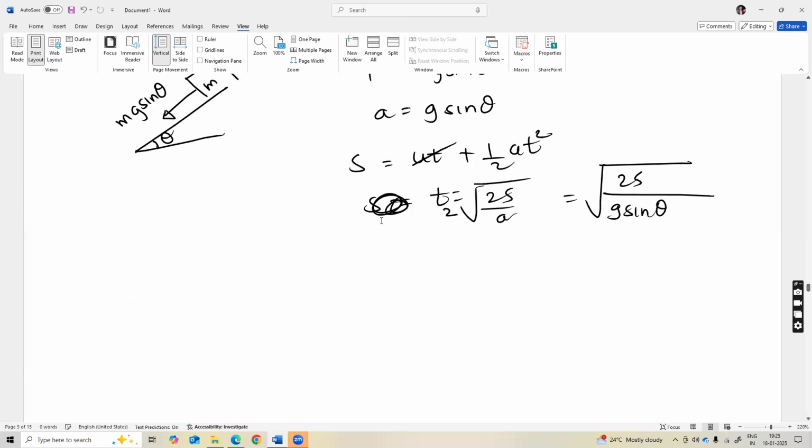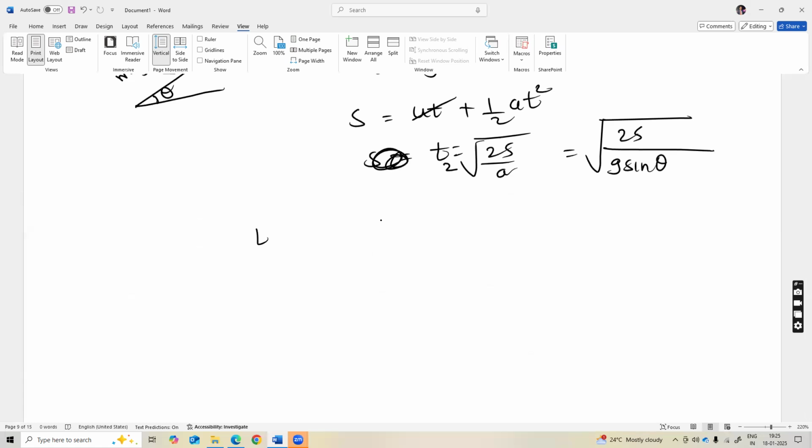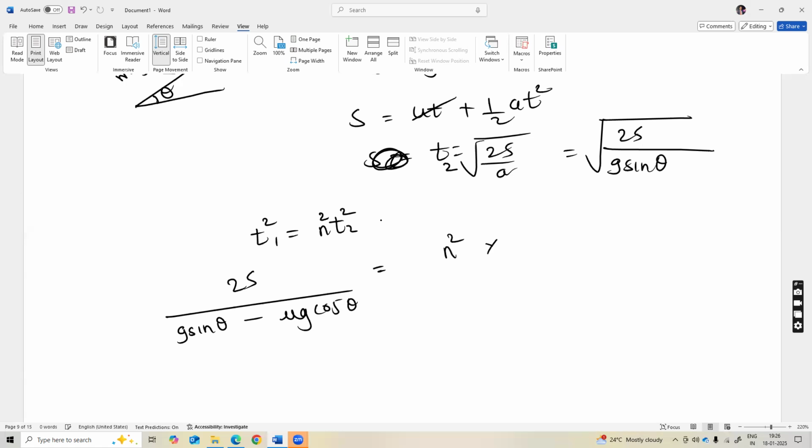Okay. Now we have the relation that t1 is equal to n times t2. So now if you take square on both sides, it will become t1 square is n square into t2 square. So 2s upon g sine theta minus mu g cos theta is equal to n square into 2s upon g sine theta.